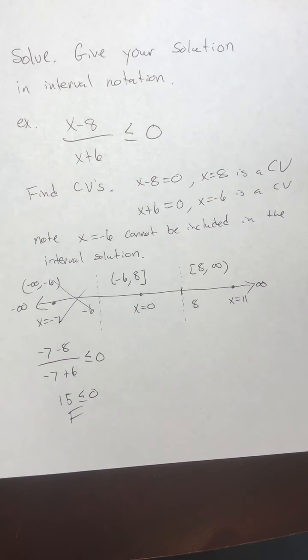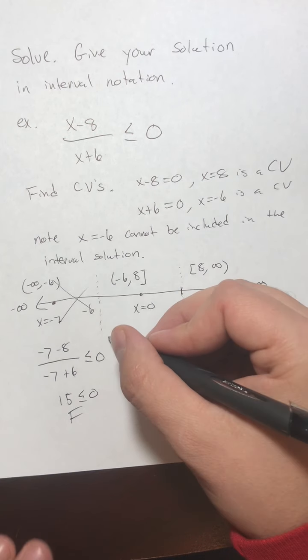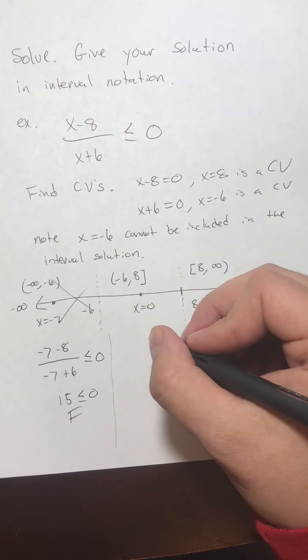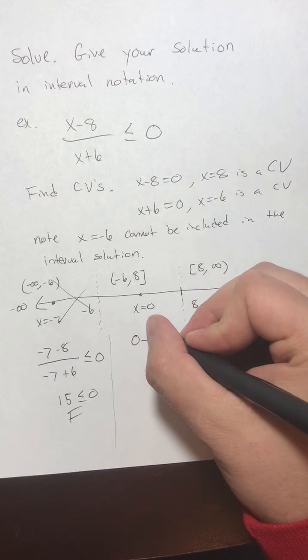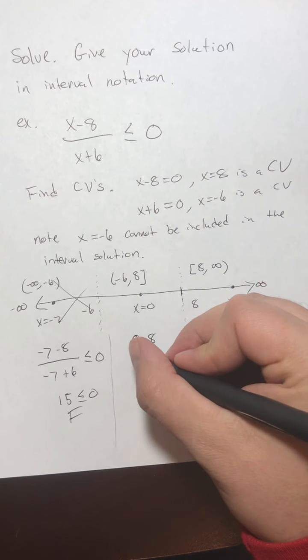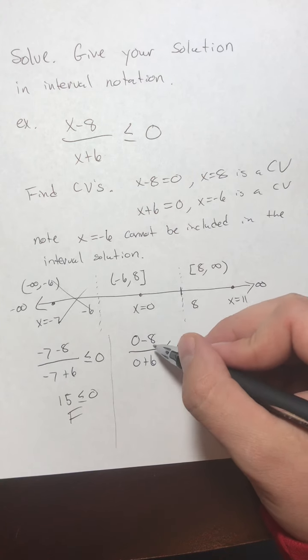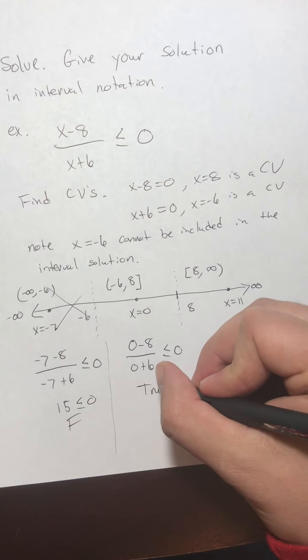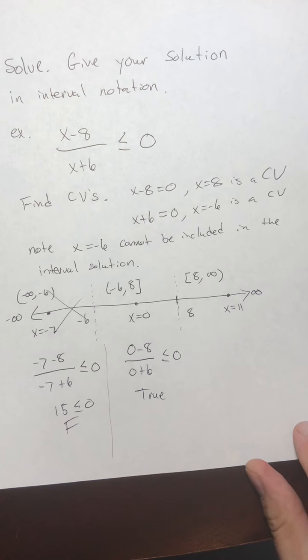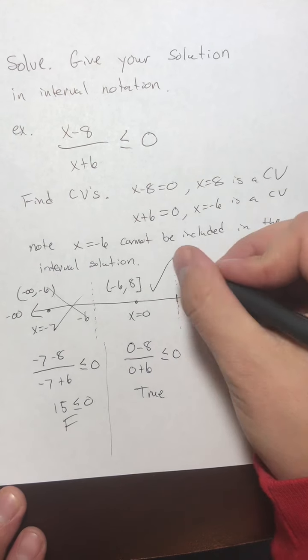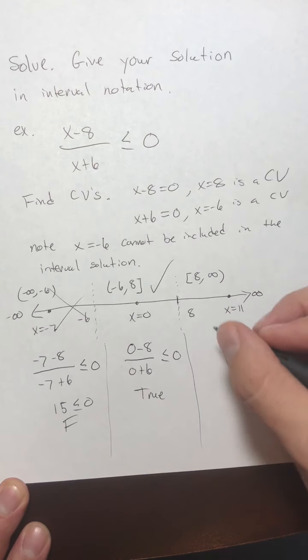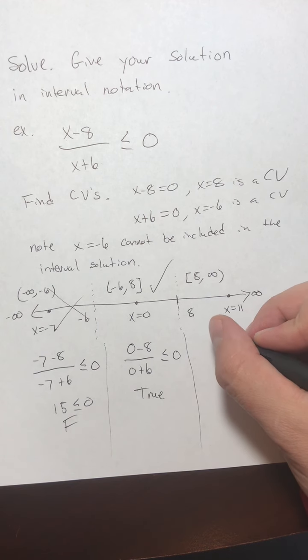So that interval, negative infinity to negative 6, is not included in the solution. And if we did the test point x equals 0, we do have a negative value on this side. A negative value is less than or equal to 0, so that is true. That interval will be included in the solution.